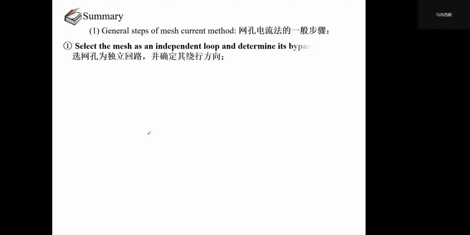So let's summarize it. The procedure is like this. First, we select the meshes to be the independent loops, and we assume a circling direction. Thus, we set the reference direction of the circling current, which remains the same all through to the very end of the calculation.